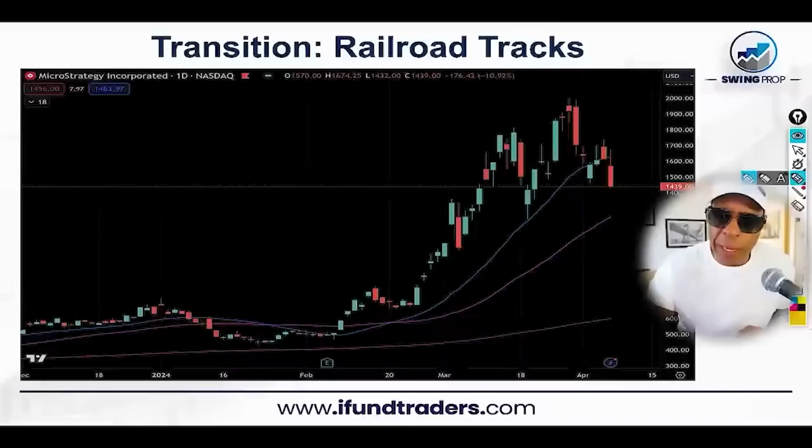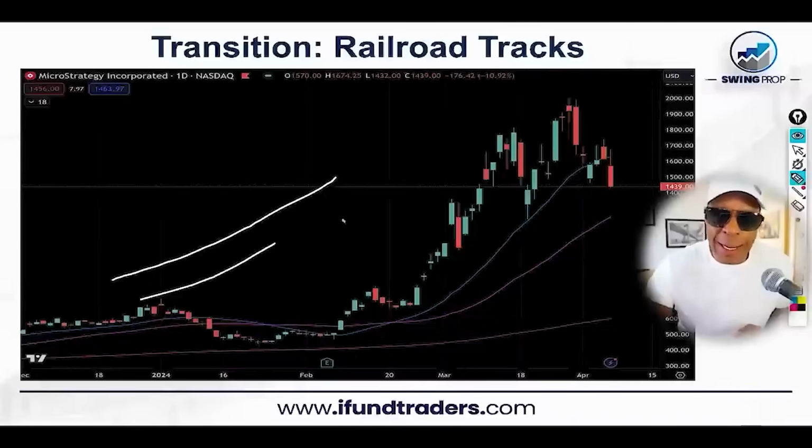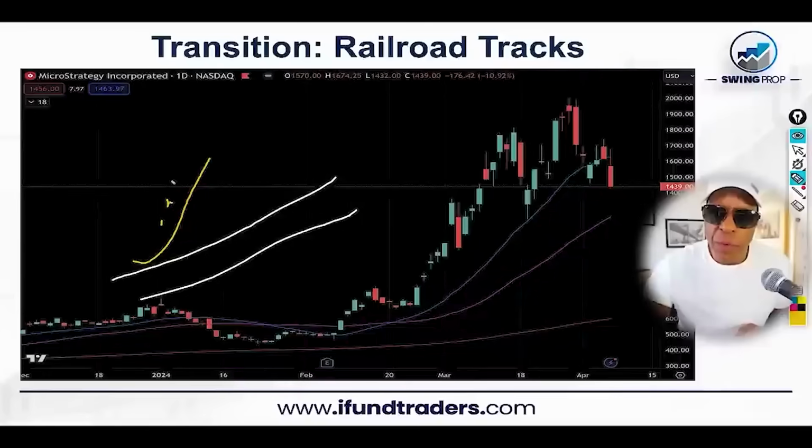So the point I want to drill home is that there are two types. This is going to be your 3 to 5 bar swing play, 1, 2, 3, 4, 5.